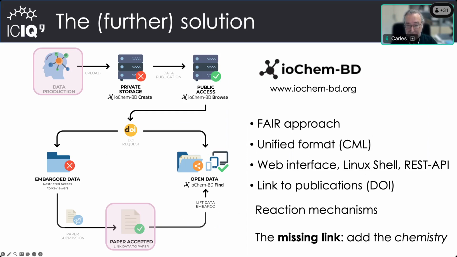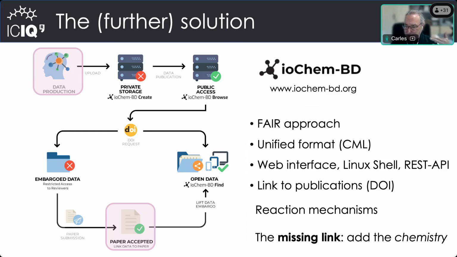But in many of our projects, we deal with reaction mechanisms. And we realized that while we were able to publish the individual calculations through our website and generate FAIR data from that, we had no way to publish and to make the reaction mechanism available.